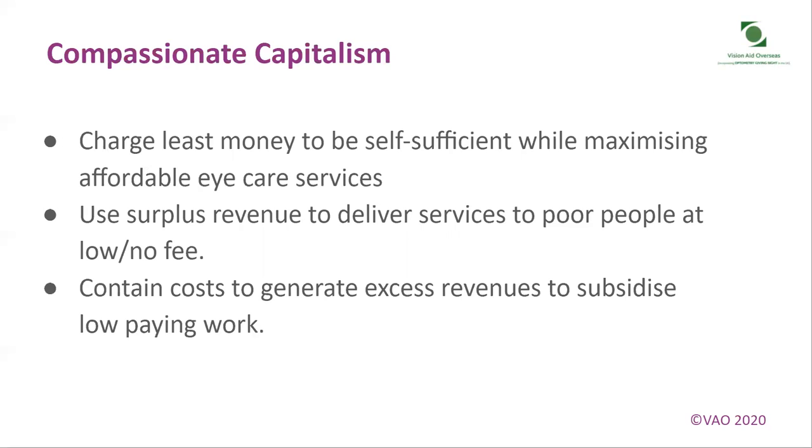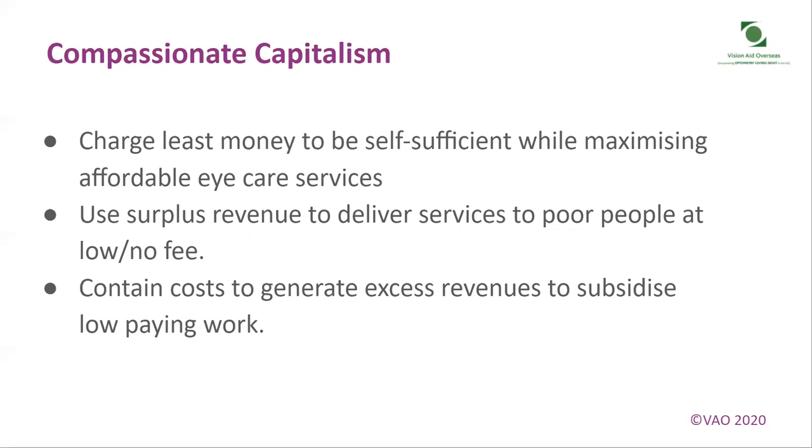It means choosing to use profit margins and surplus revenue to deliver services to poor people at a low fee or for free. And it means managing finances properly through cost containment in order to generate excess revenues and then utilise that money to subsidise low paying work.